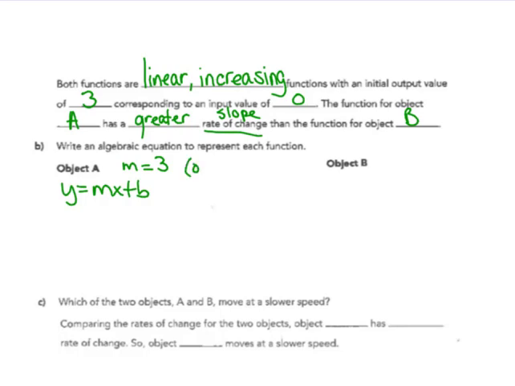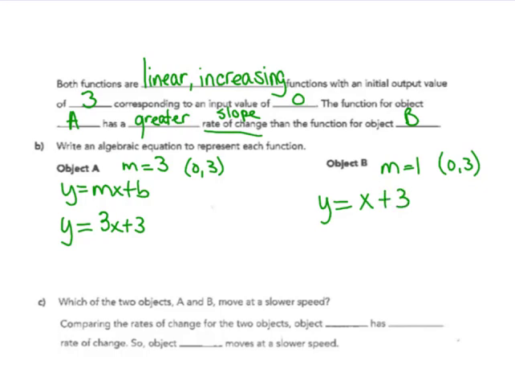So my y equals mx plus b is y equals 3x plus 3. For object B, my slope was 1, and my initial value again was (0, 3). So that's my y-intercept. So this one is y equals 1x, kind of silly, plus 3.